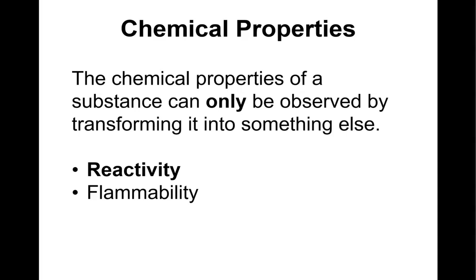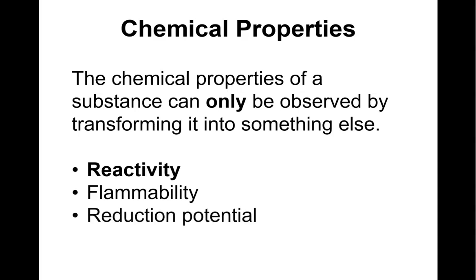So for example, flammability is a property of gasoline. If I light it on fire, it will burn. But in the process of observing that property of gasoline, I'm actually changing it into something else. So when the fire goes out, there's no gasoline left, and I have converted it into things like carbon dioxide and water.